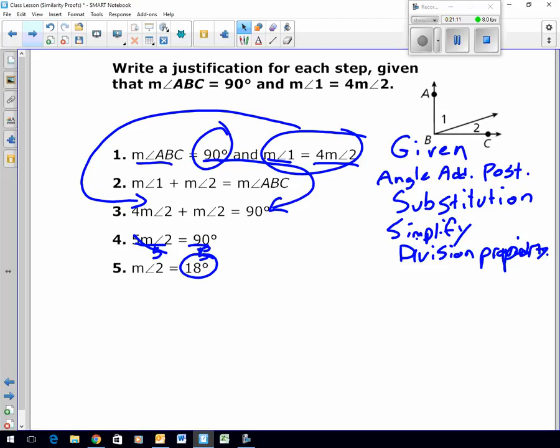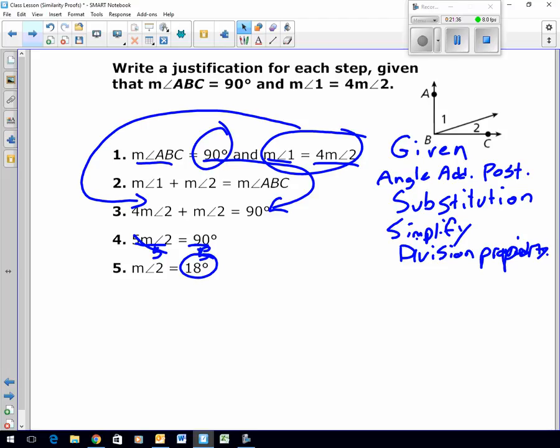Okay. Question. What's the measure of angle 1? If the measure of angle 2 is 18, the measure of angle 2 plus the measure of angle 1 has to be 90. And the measure of angle 1 is 4 times the measure of angle 2. It's 72, isn't it?